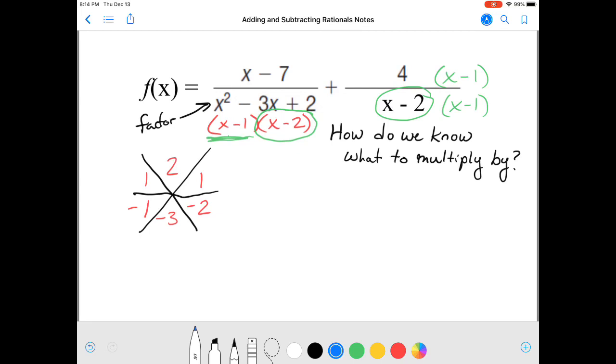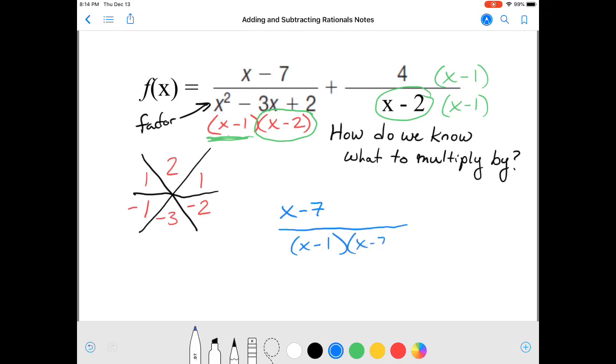Since we don't have to multiply the first rational function by anything, the x minus 7 is going to stay the same. Our new denominator is x minus 1 times x minus 2.